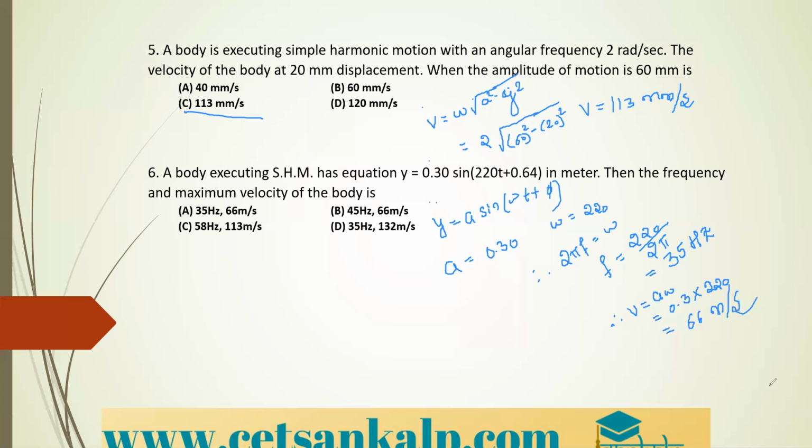This is your maximum velocity of the particle. We have calculated the frequency, that is 35 hertz. Here you can see in two cases they have given 35 hertz, but 66 meter per second is in one and 132 meter per second in the other. Our correct option is option A, that is 35 hertz, 66 meter per second. Correct.